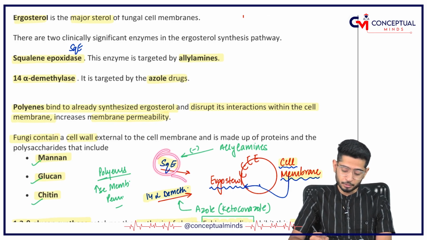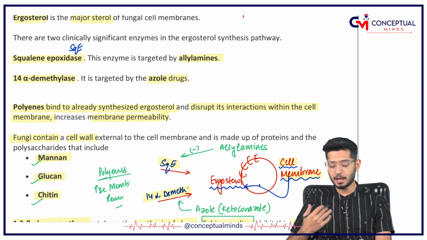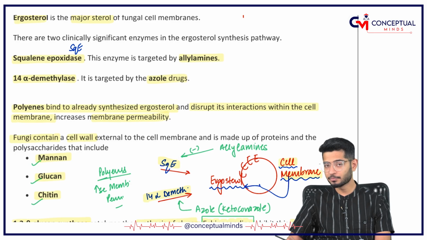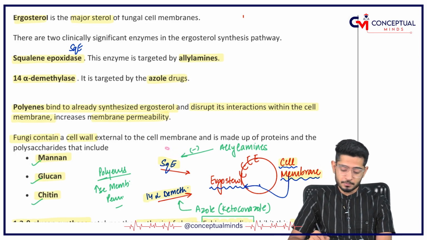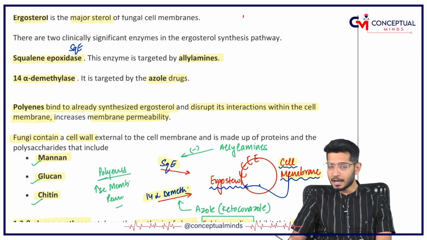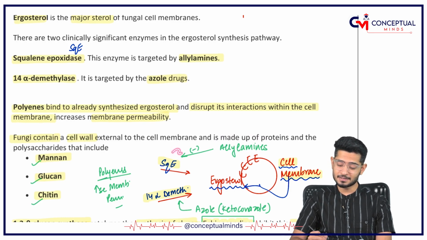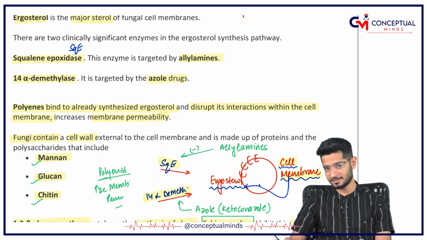We will inhibit both of these, squalene epoxidase and 14-alpha-demethylase. How? In order to inhibit squalene epoxidase, the antifungal used is called allylamines, which is going to destroy squalene epoxidase.